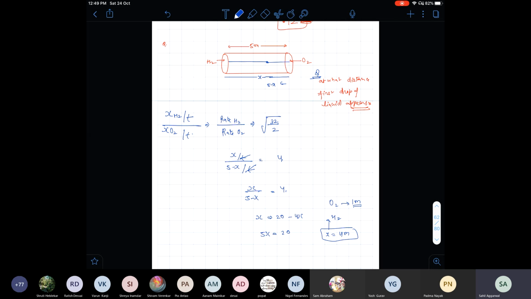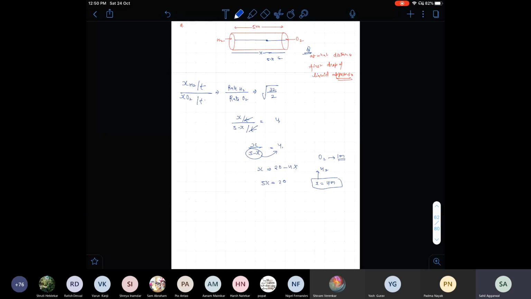Very good, Pranil. So what is x equals to 20 minus 4x? Sorry, 5. Yeah, 4x. 20 minus 4x, isko multiply kar diya idhar. Okay. Ek aur dekho, gas based question. Can we go to next question?